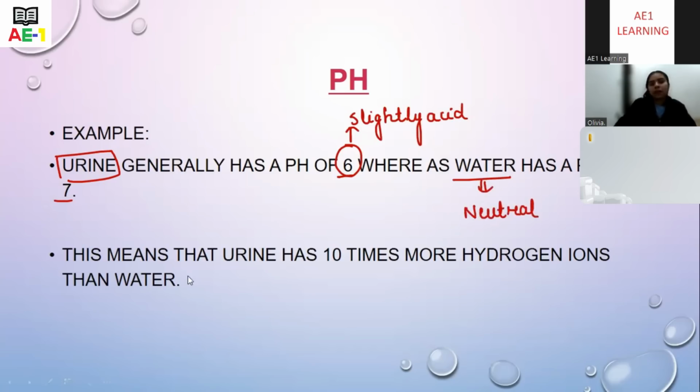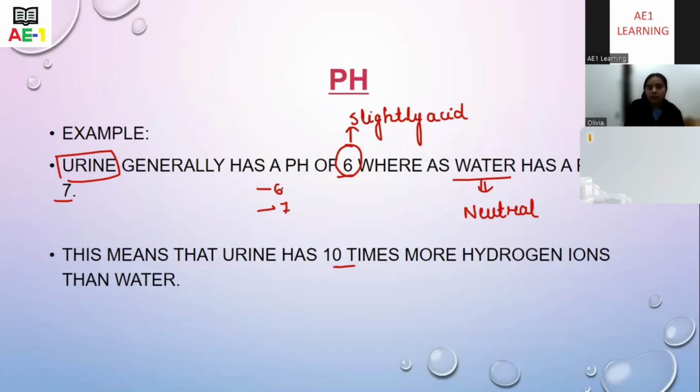So you can say that if you look at the scale, here is your 6 and the next one is your 7. It means that the urine has 10 times more hydrogen ions than water. As I told you, each one of them is a multiple of 10.